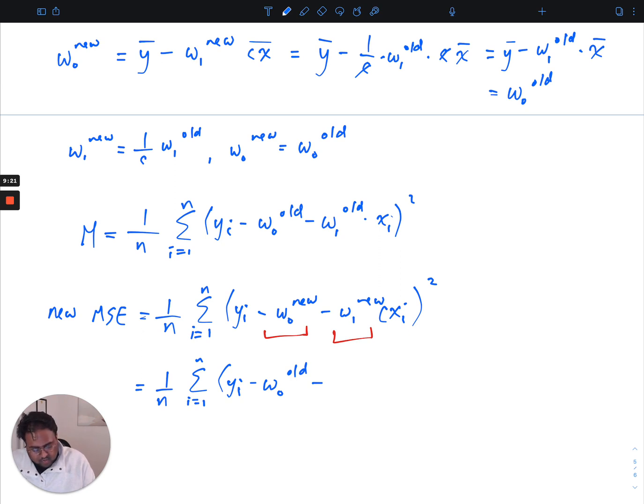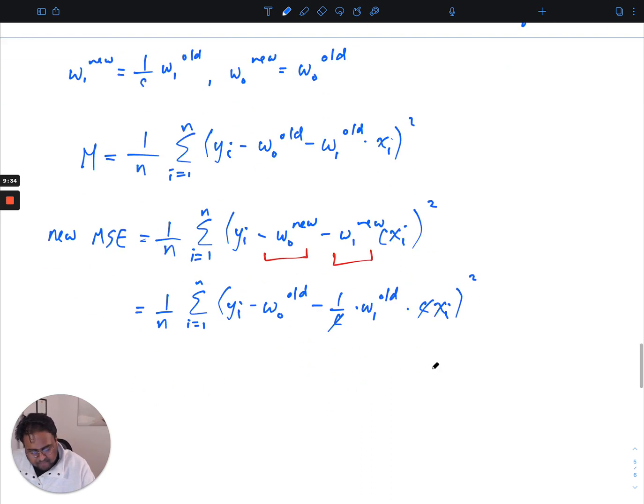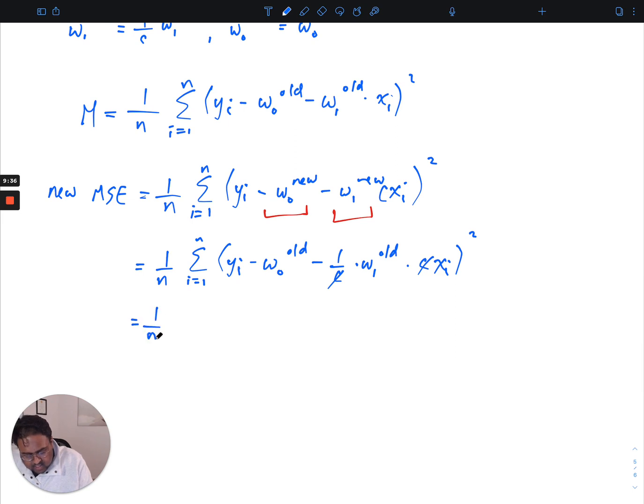So I can write this as 1 over c times w1 old multiplied by cxi. All of this is squared. And what do you notice? Once again, the 1 over c cancels with the c. And so we're left with this. W naught old minus w1 old times xi.